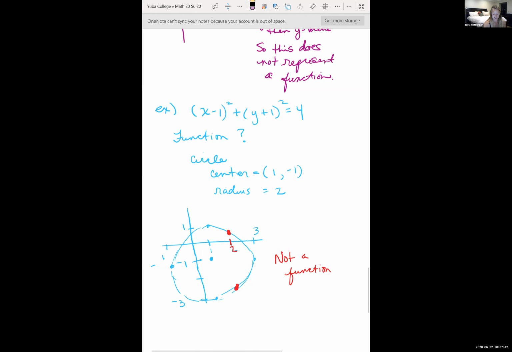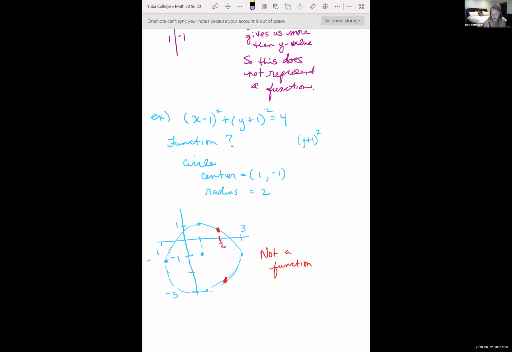So I was kind of showing it a different way where we could have solved this for y. If you hadn't seen that or explained it that way, we could isolate our square root or our quantity squared. So this is the same thing as 4 minus (x minus 1) quantity squared. To get y by itself, you'd have to take the square root of both sides. If you take the square root of both sides, you have to put that plus and minus in front.